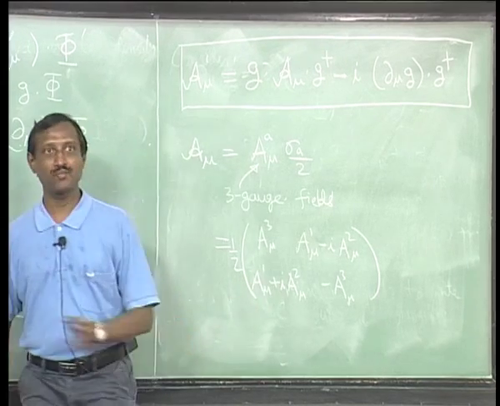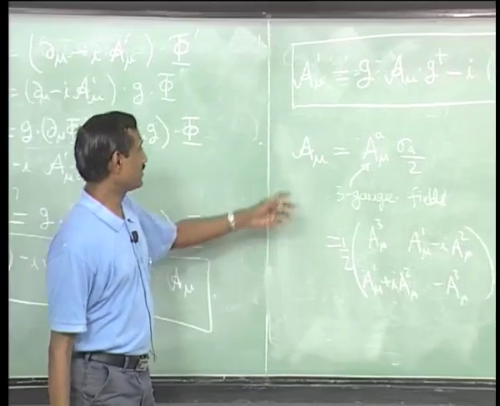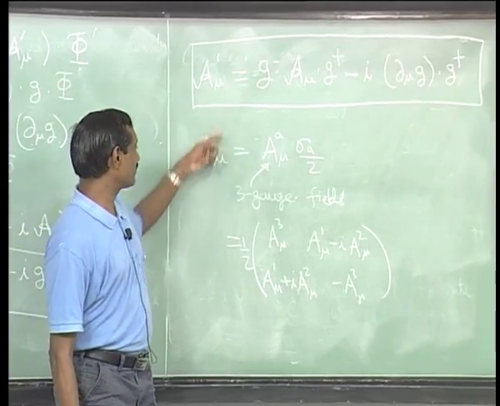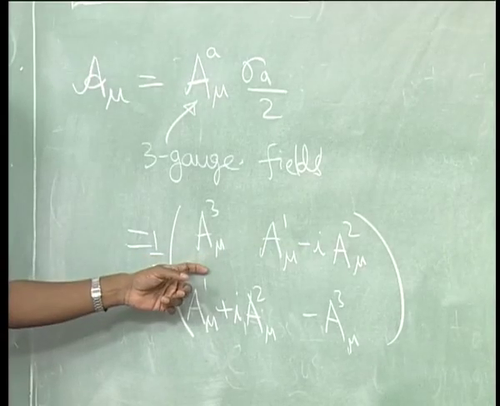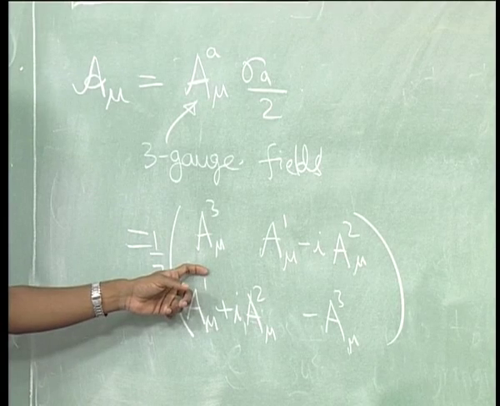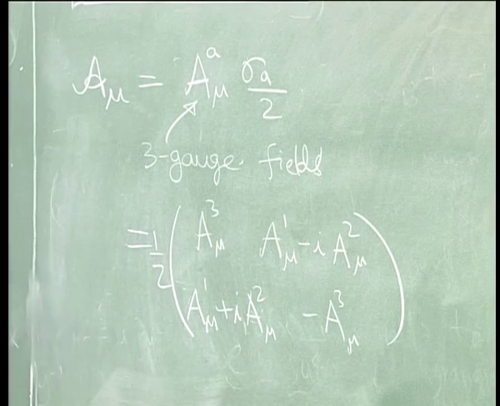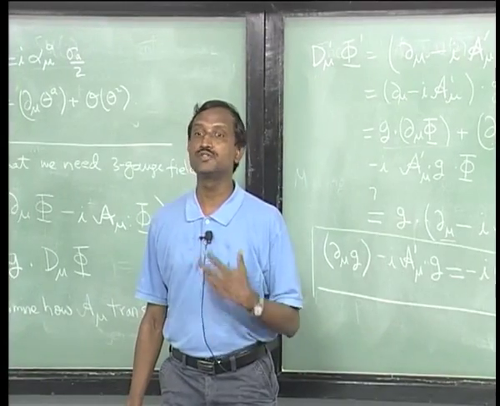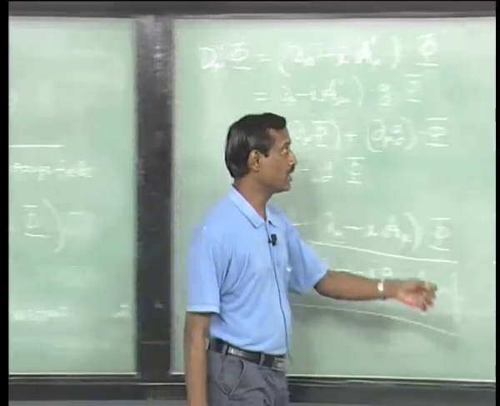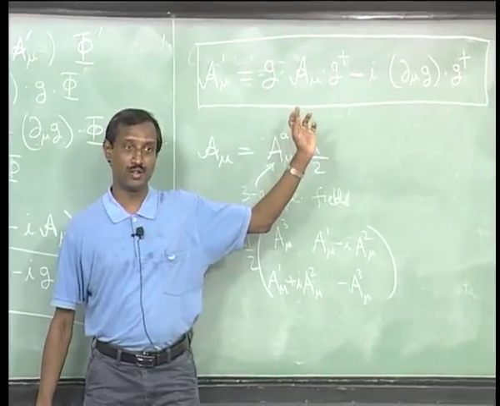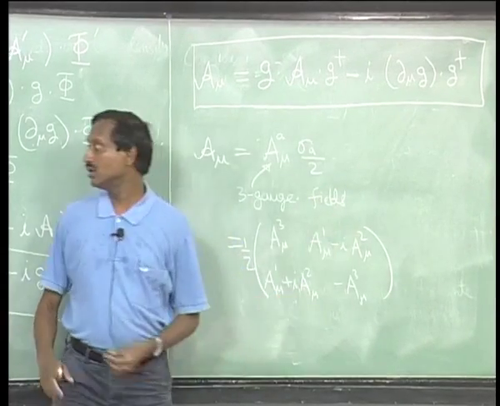Okay. So one of your exercises will be, starting from this, to work out how these guys transform. That is one thing. And the second thing here is that I have nowhere assumed that g is small. In this computation I have not assumed that g is small. If you assume g is small, you should recover this.